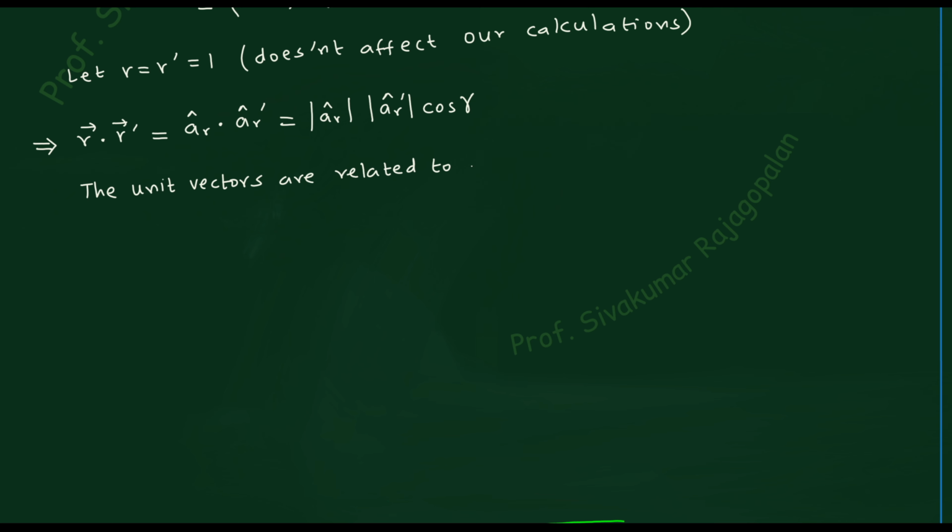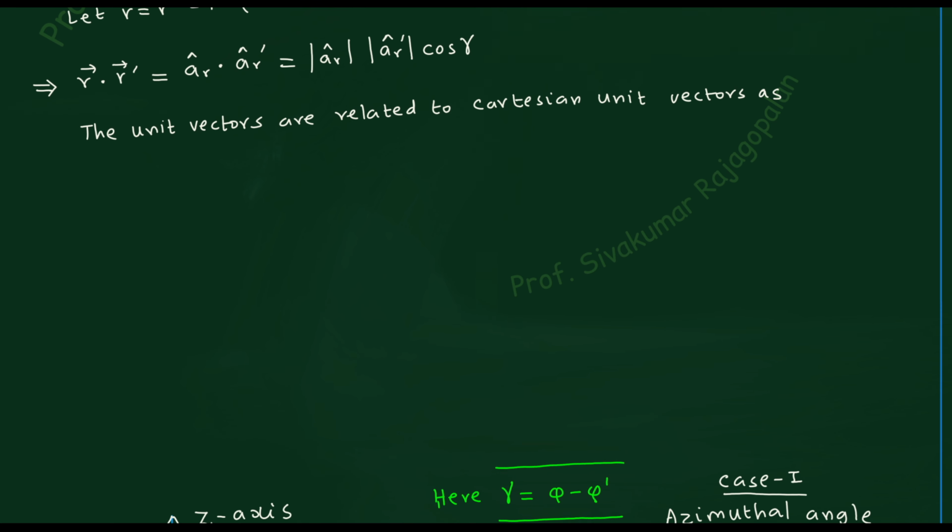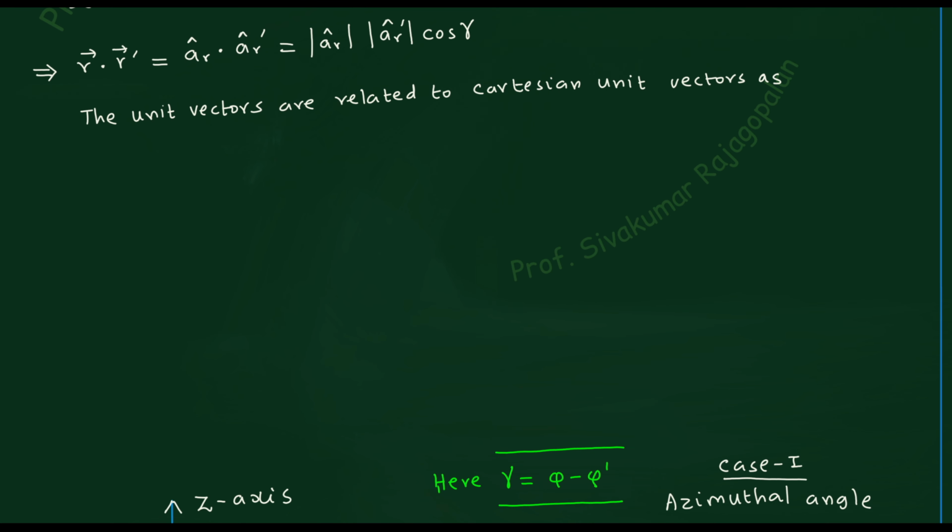But the only thing is that the conversion is a matrix conversion. I mean, you need to know the matrix, otherwise you can't do it. So if you are not comfortable with this matrix, you have to refer to my lecture under the title of spherical polar coordinate system. There I have given the corresponding matrix, how to convert the unit vectors.